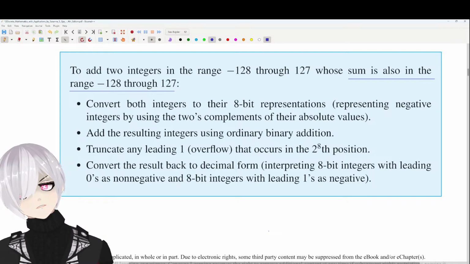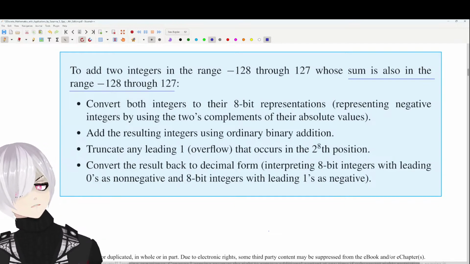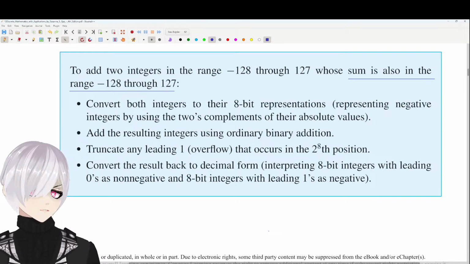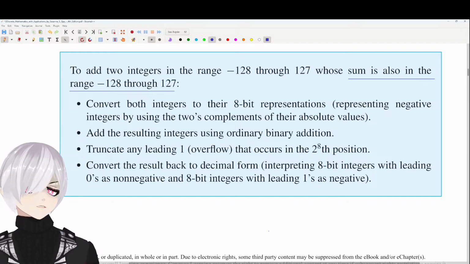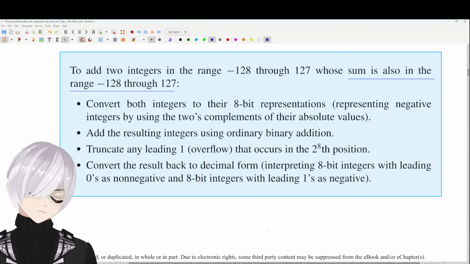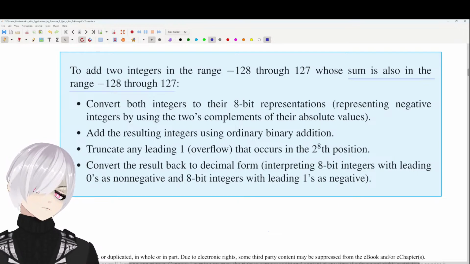I guess that makes sense that you'd only be able to get an answer within this range, assuming that we're restricted to using a consistent number of bits throughout the calculation.